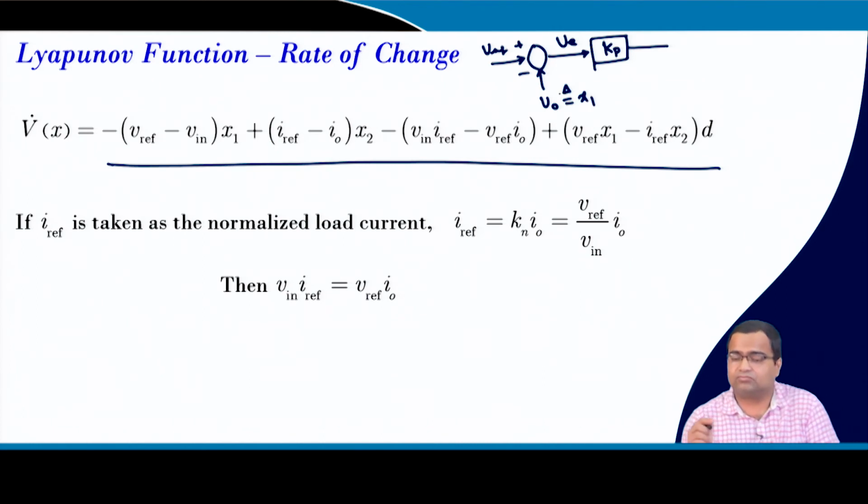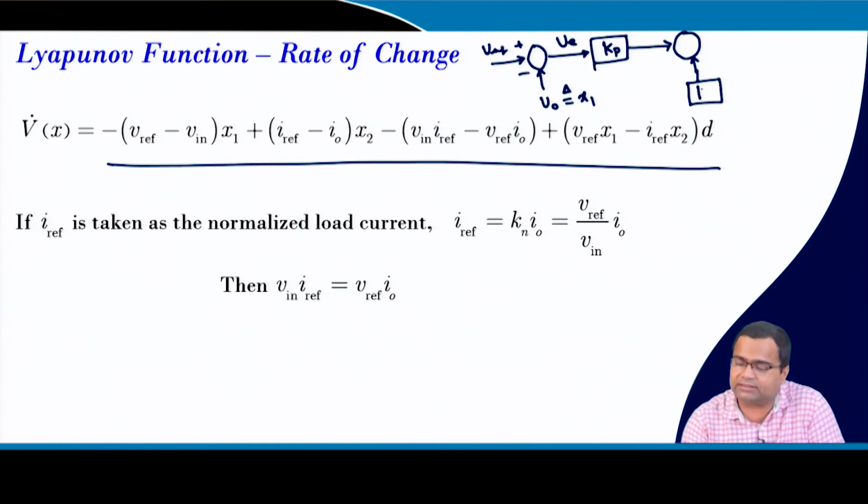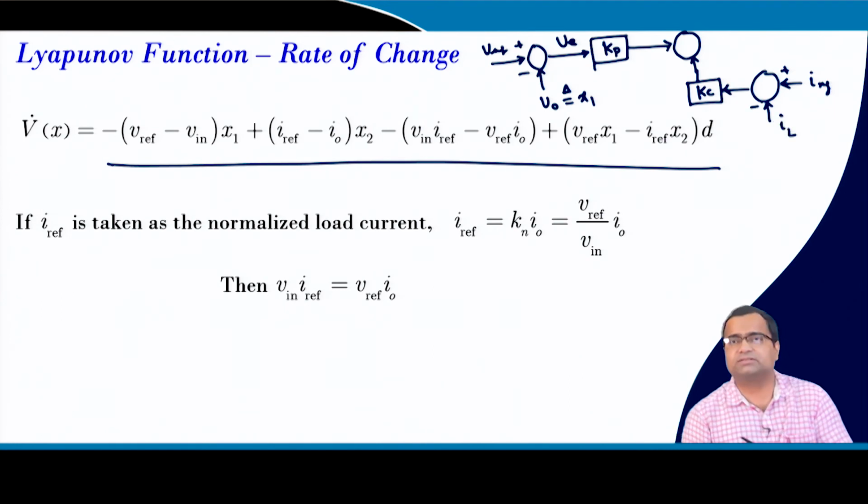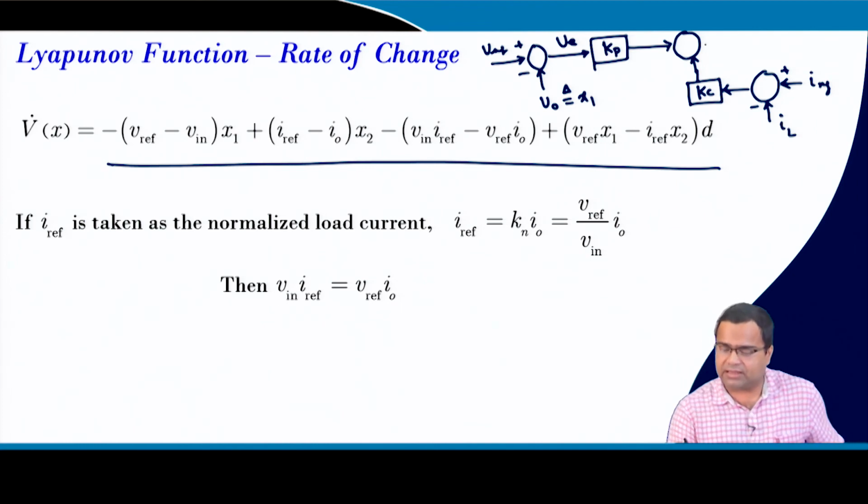Then this is added with two things. One is the voltage loop gain, and this is Kc, the current loop gain, which comes with I ref, which is plus, and IL, which is minus. This whole thing is my control current, and that is compared with the sawtooth waveform.